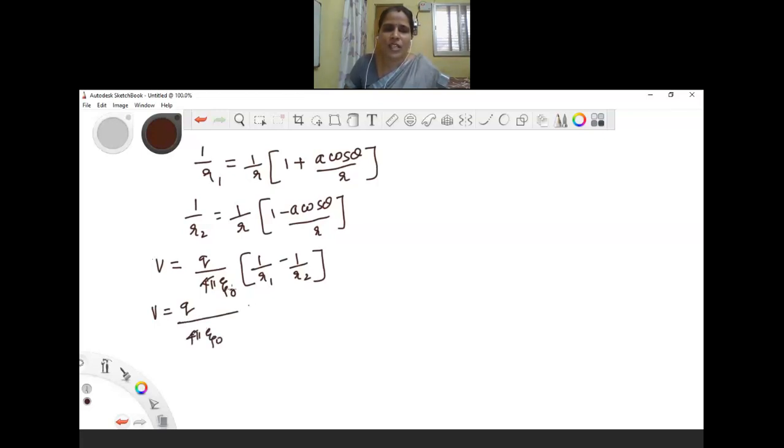Substitute the values. Again in the values of 1 by R1 and 1 by R2, 1 by R is common, so we can also take it out. So what do you have? The remaining terms.